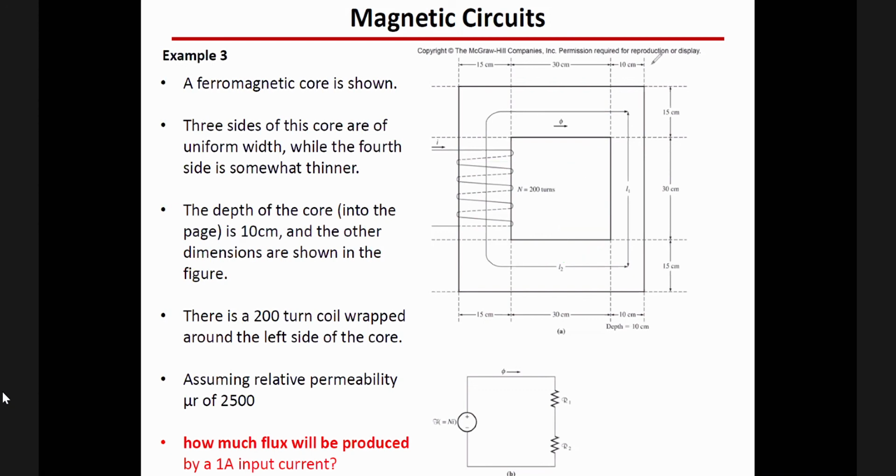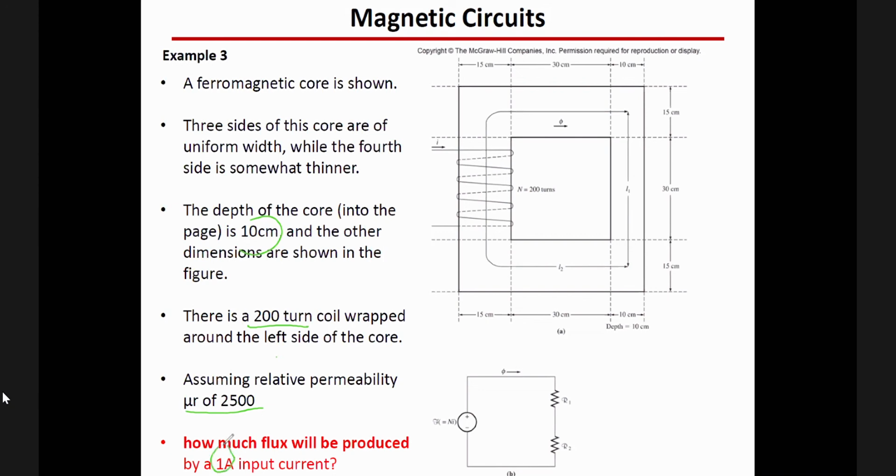Yes. And you need it, of course, to find the area after that. And the other dimensions are shown in the figure. So you see all the dimensions here for different parts of this magnetic core. A 210 turn coil is wrapped around the left side of the core. Mu R is 2500. How much flux will be produced by 1 amp input current?